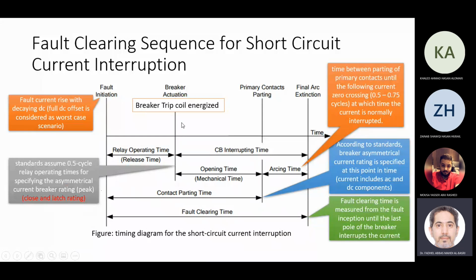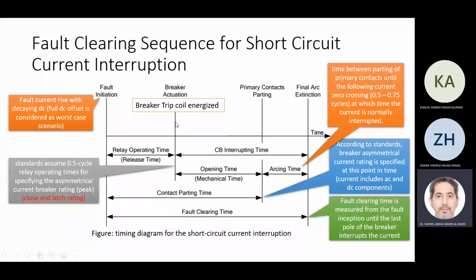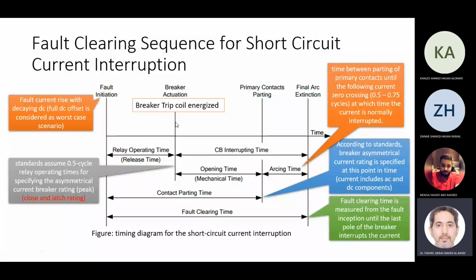Because it has the highest amount of DC and the current is big. So one important rating for the circuit breaker is its ability to close on high current during the instant of receiving a command from a relay.